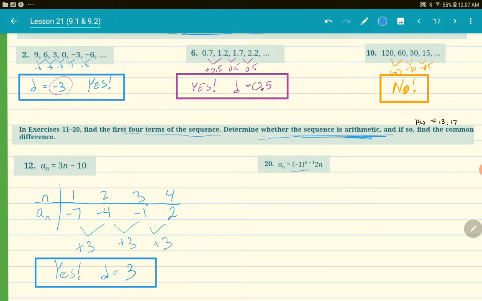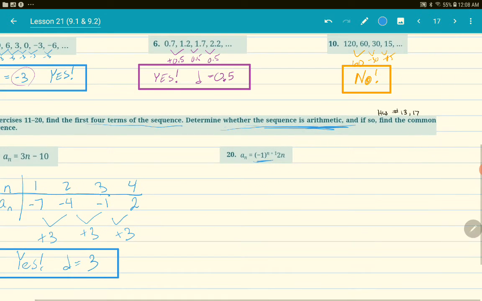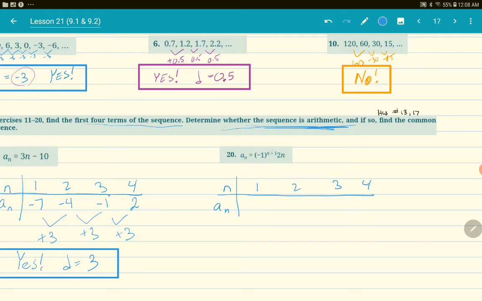So we have an alternating sequence. Remember, with our negative 1, that means we're alternating. I'm going to write the first four terms again. So I have n equal to 1, 2, 3, and 4. And then my first 4 terms, when I plug in a 1 for n, then my sign, that means that this exponent will be a 2, which means this thing will be a positive 1.